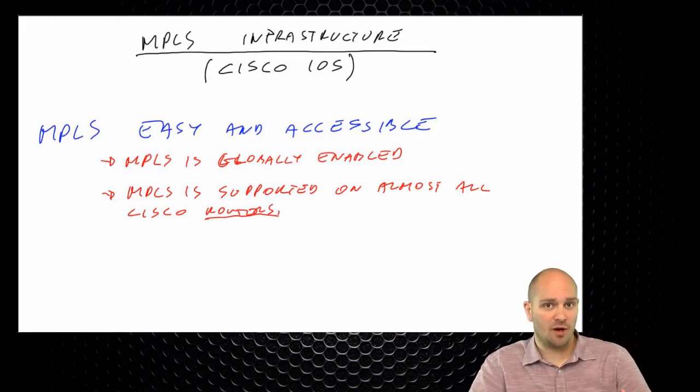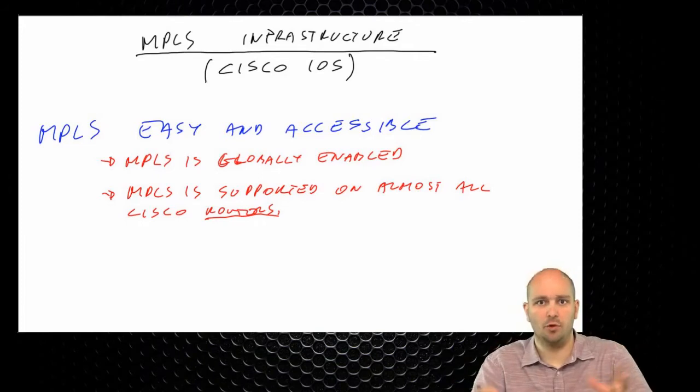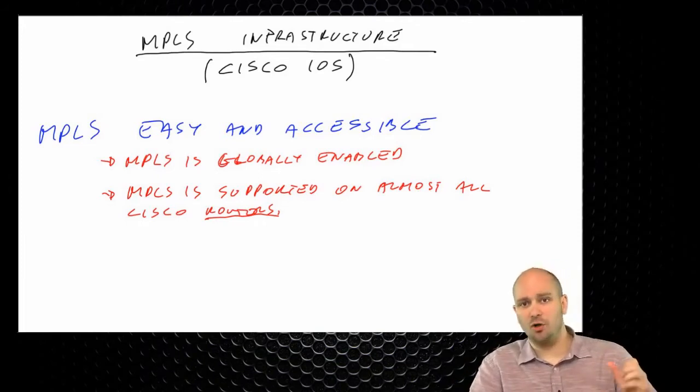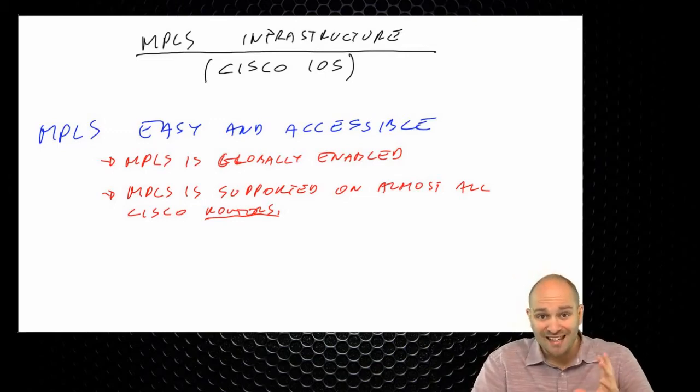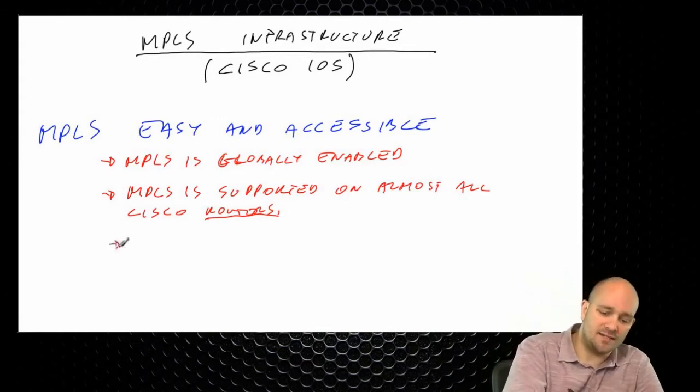Now, this is not necessarily true for switches. And by Cisco routers here, I don't mean really low-end consumer-level devices that Cisco used to have. Like for example, of course, you're not going to see MPLS on Linksys, but by the way, I don't think that Linksys is part of Cisco anymore, but you are going to see it even on the smallest, let's say 800 or 900 series routers. It's there, it exists.